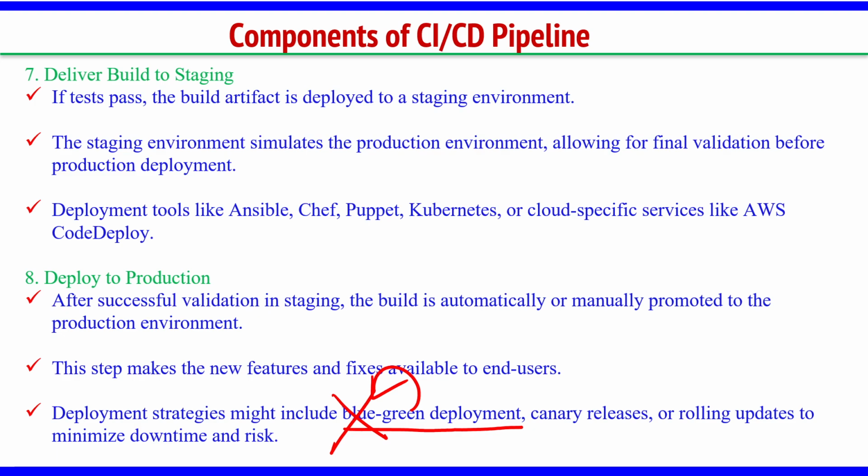The current website will be running as it is, and you will be deploying the new version parallelly. Just within seconds you will route the traffic from the blue version to the green. So this is one strategy of deployment, blue green.